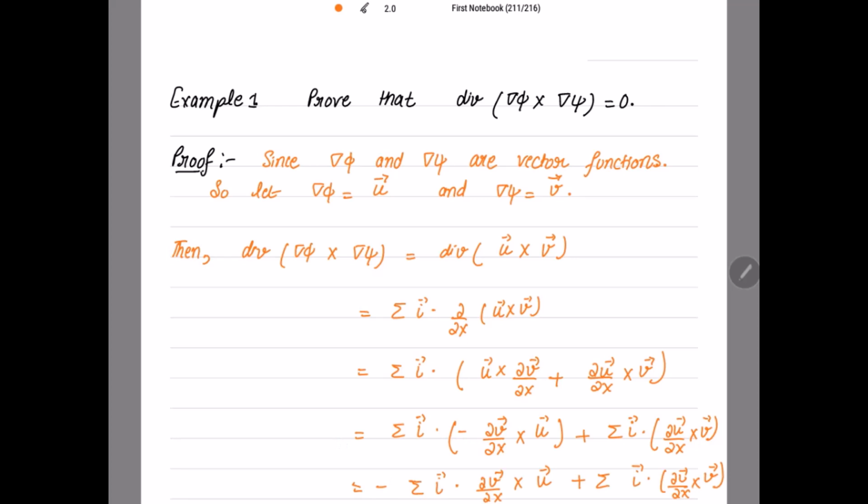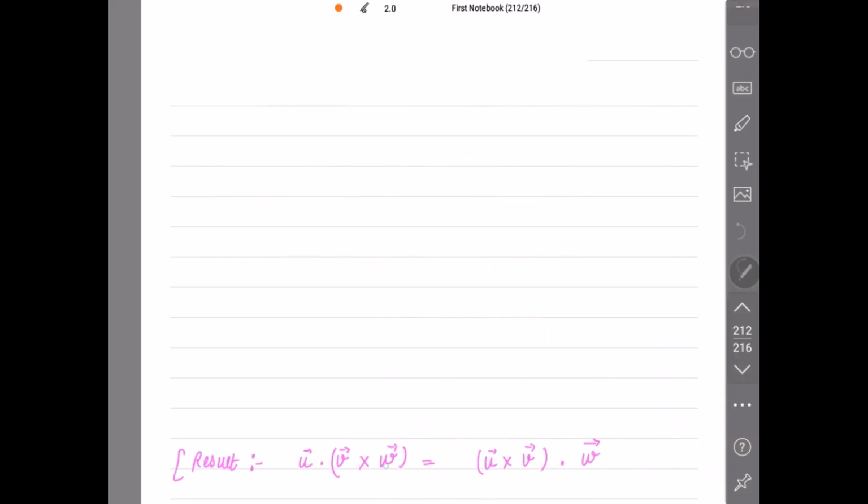Now in the next step I'm using the result: u dot v cross w. Whenever I have the dot product of the first vector with the cross product of the other two, it will be changed into the cross product of the first vector with the second vector, and the remaining vector is taken as the dot product with their cross product.